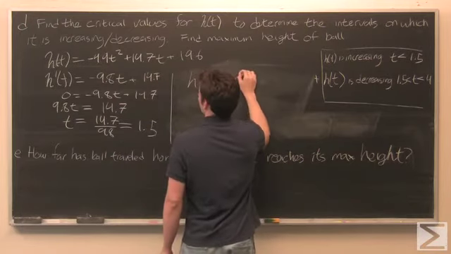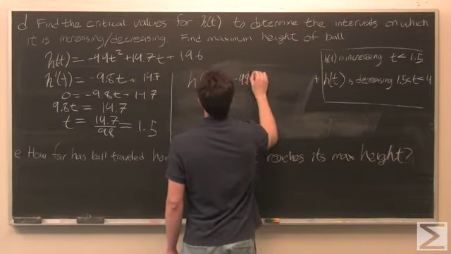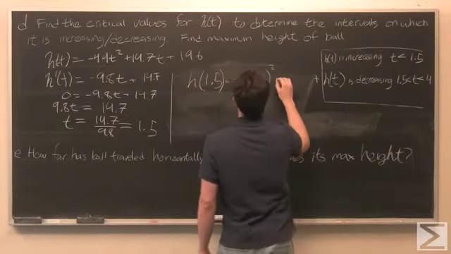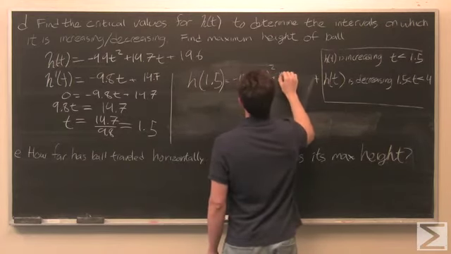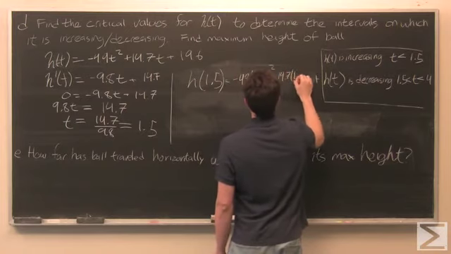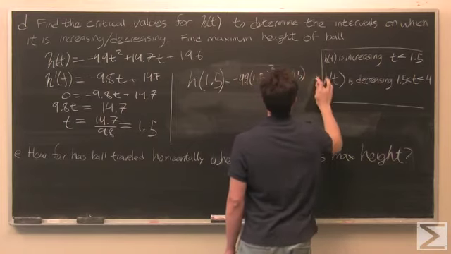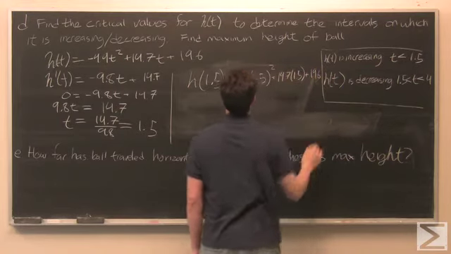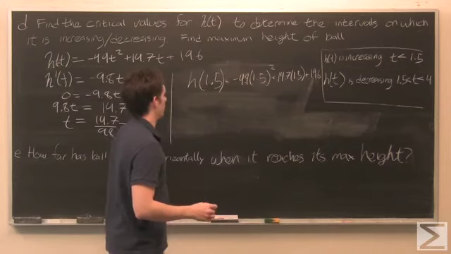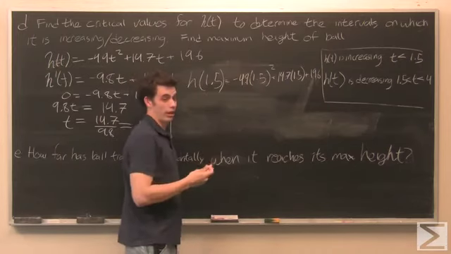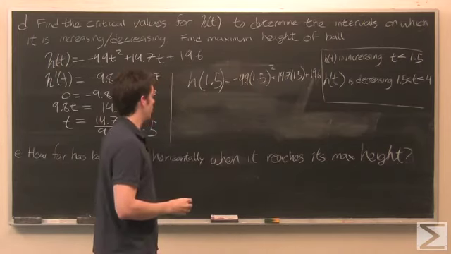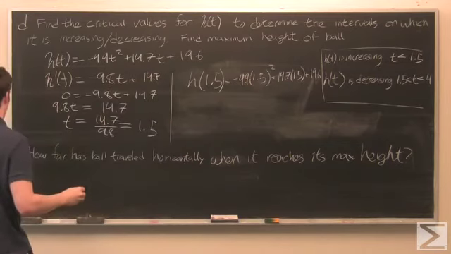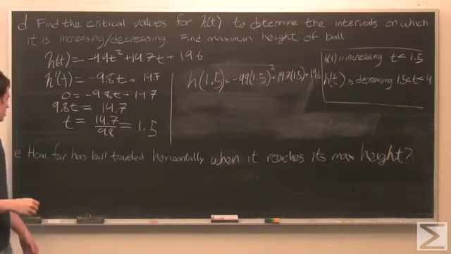Negative 4.9 times 1.5 squared plus 14.7 times 1.5 plus 19.6. I'm not going to do this out for you. It's not particularly complicated, but if you have pad and paper or a calculator with you, it's not that hard to find what this is.